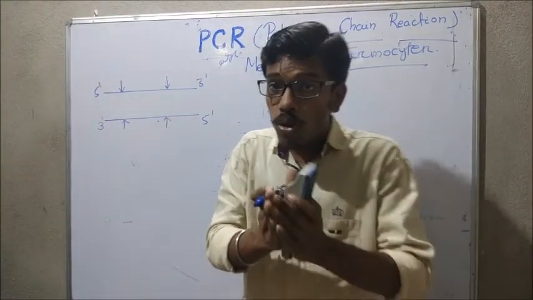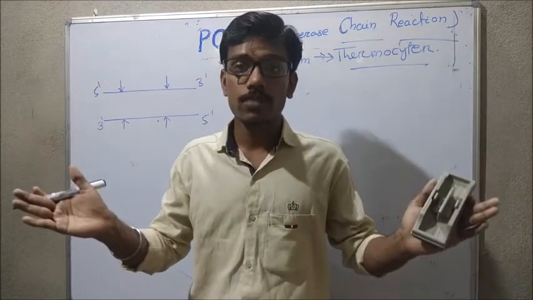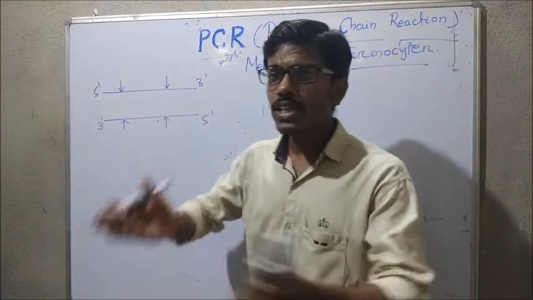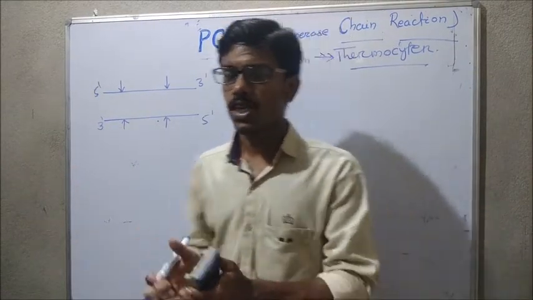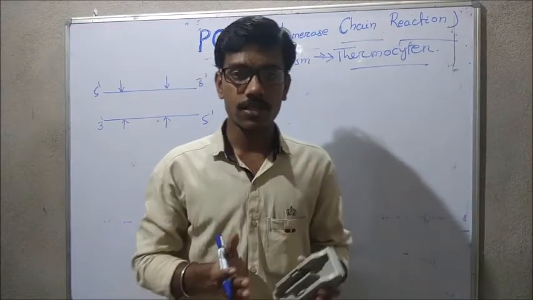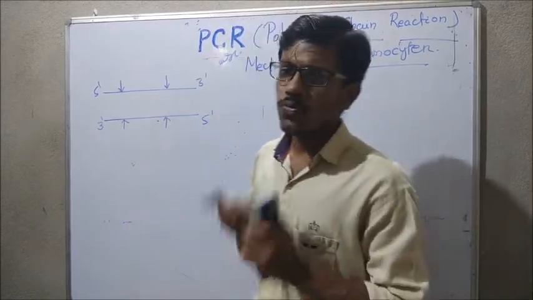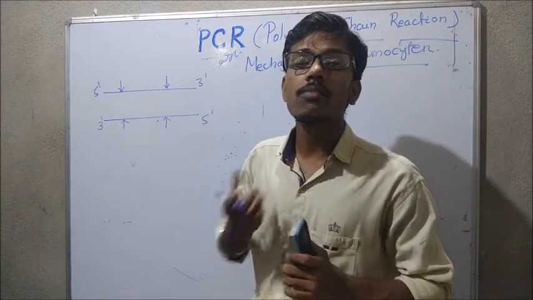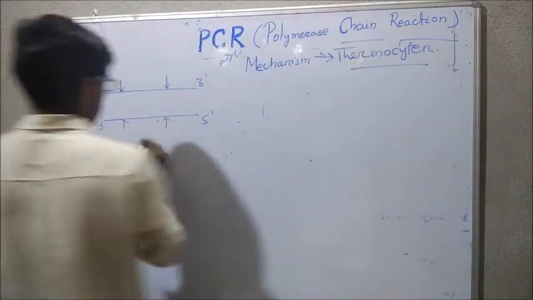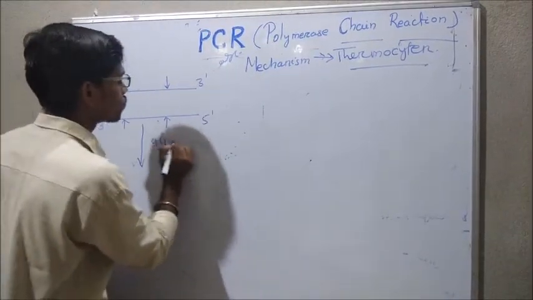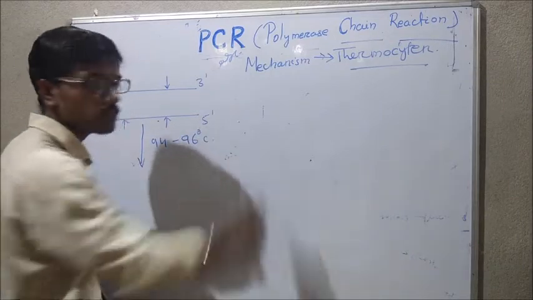First of all, both the DNA strands get separated. As you know, in the natural process there is a requirement of the enzyme DNA helicase. But here we will provide a very high temperature, about 94 to 96 degrees Celsius.